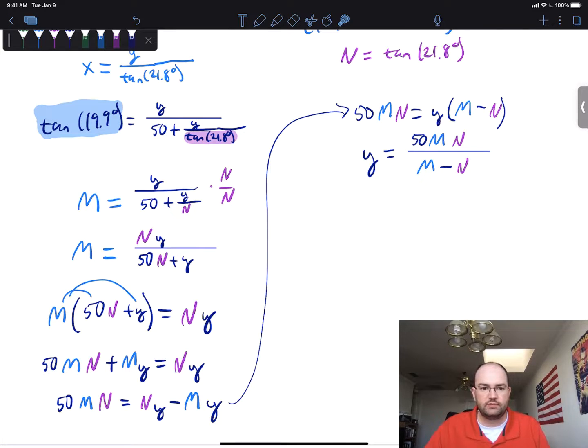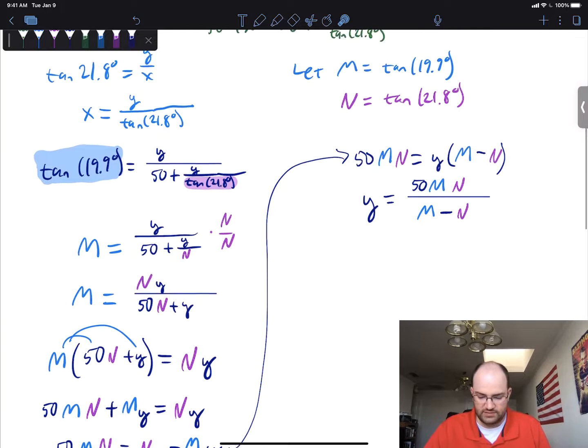So I'm going to go ahead and go to the calculator. I'm not going to show you how to type this in, but I'll tell you what the answer is. M is tangent of 19.9 degrees, and I'm going to store that in A on the calculator.